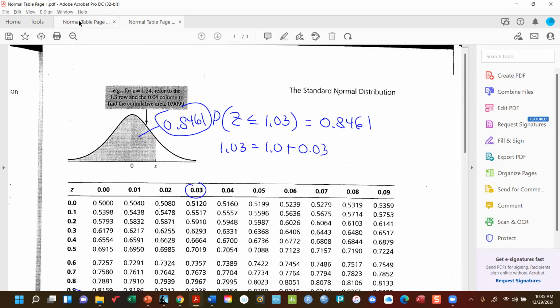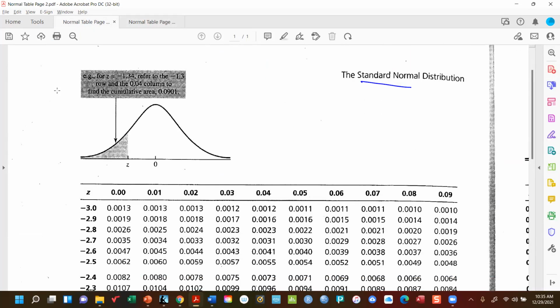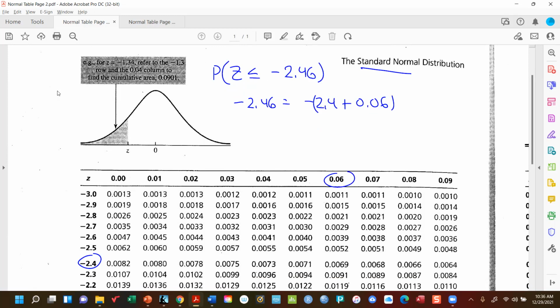Now, it turns out that sometimes we may have negative values. So let's look at this one. Let's try negative 2.46. What's different now is that the 2.4 comes here, the 6 is here, and we find that that one is 0.0069.